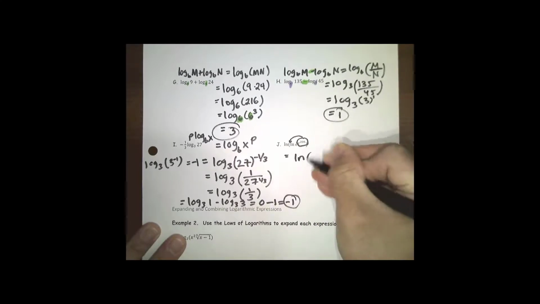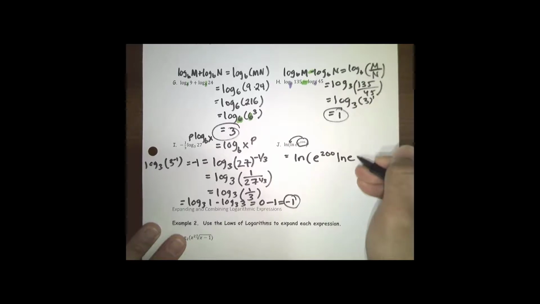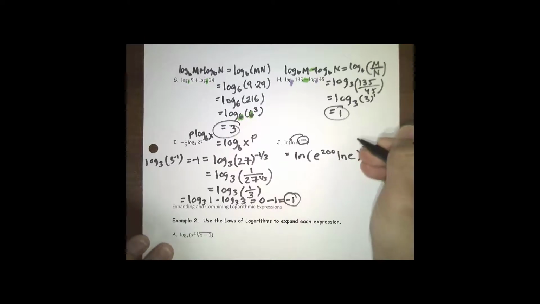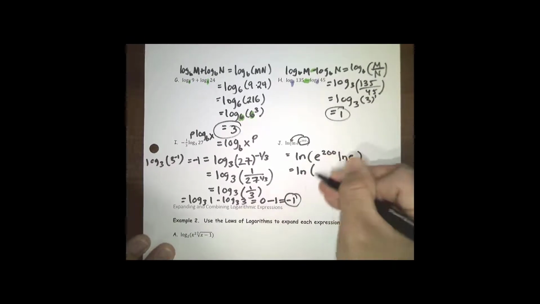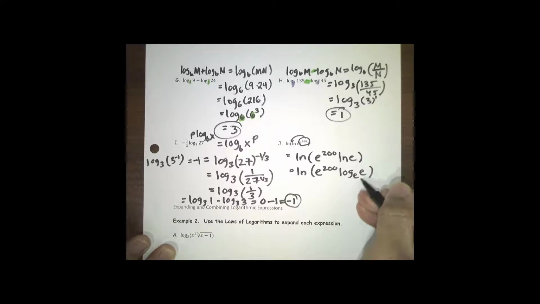So natural log of e to the 200 times natural log of e. What I need you to remember is that the natural log of e is log base e of e, but log base e of e is 1.